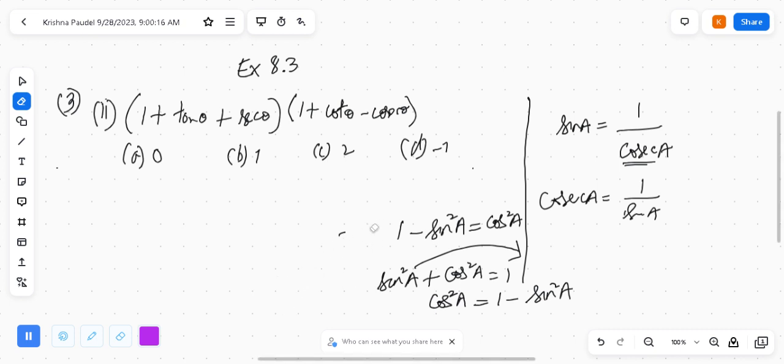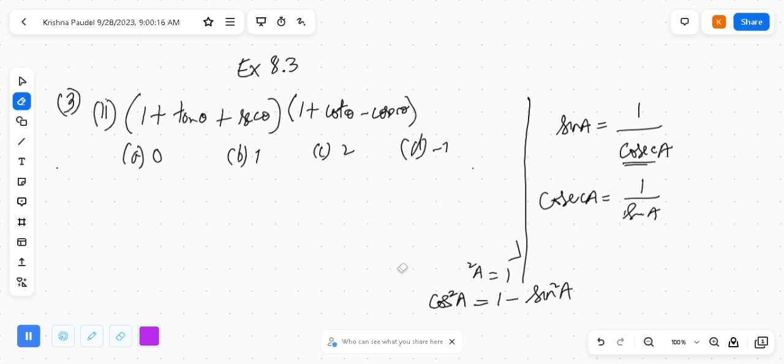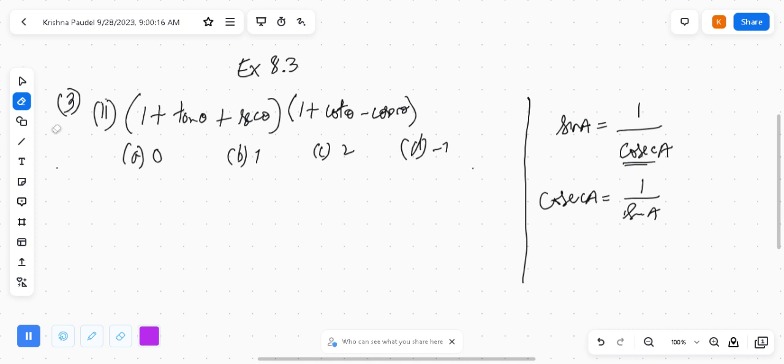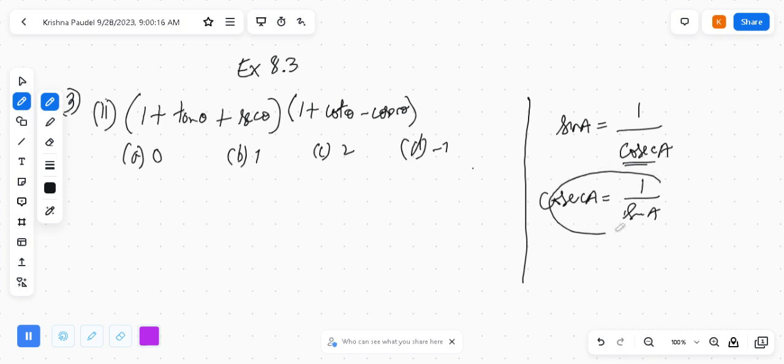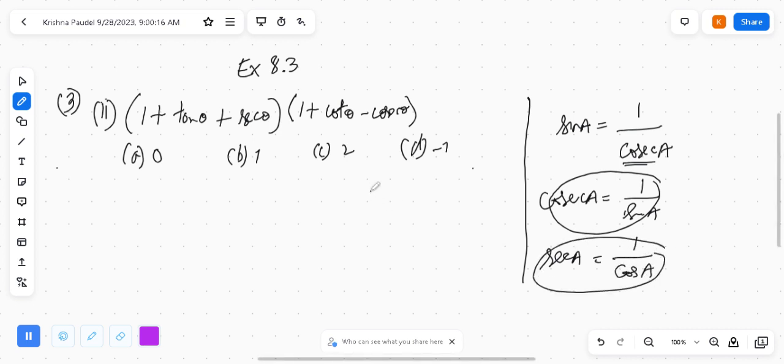Whenever you have a sum related with trigonometric identities or trigonometric ratios and we have to prove them, we have to always remember these points: whenever cosec is there, I'll convert it to 1 by sine. Whenever sec is there, I'll convert it to 1 by cos. And whenever I see tan, I'll convert it to sine by cos.